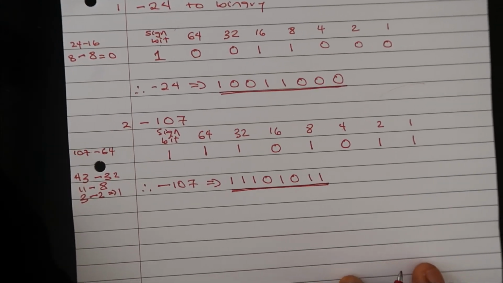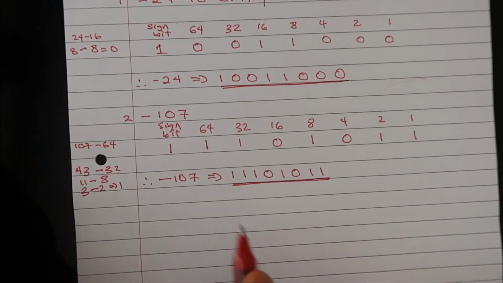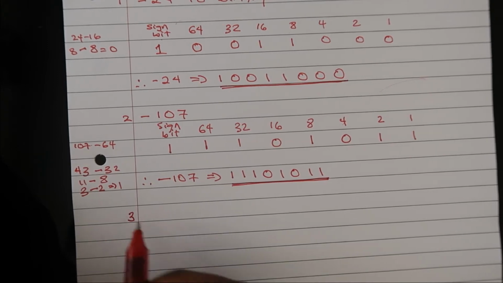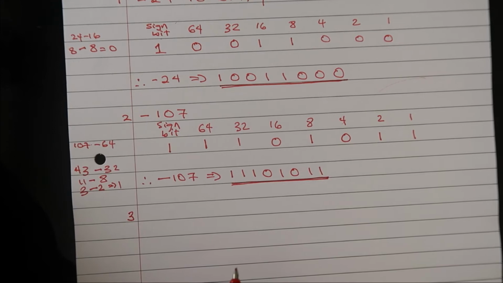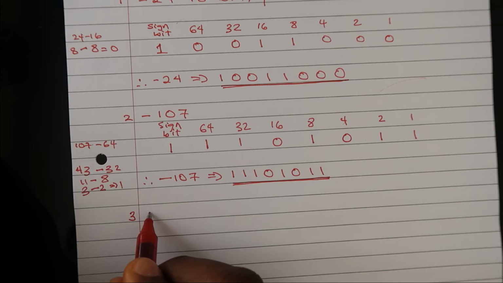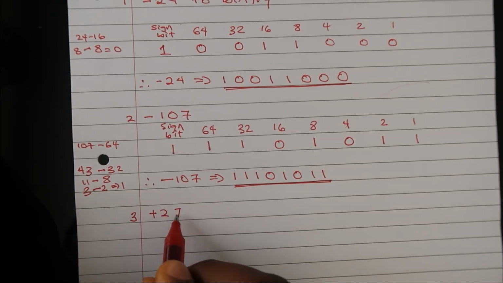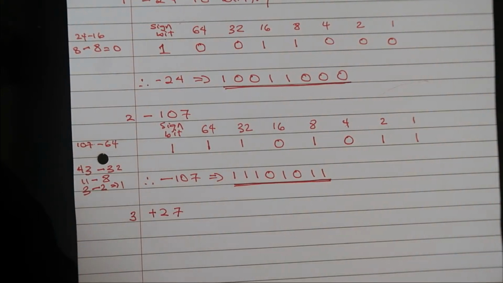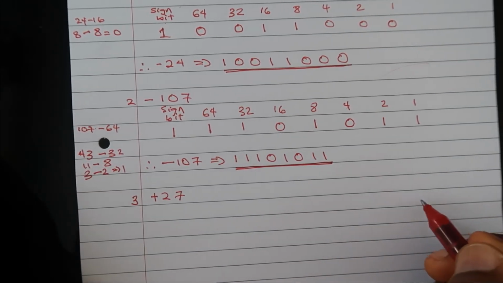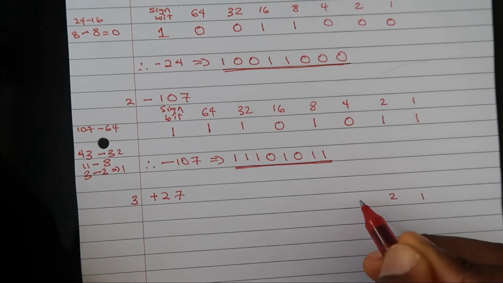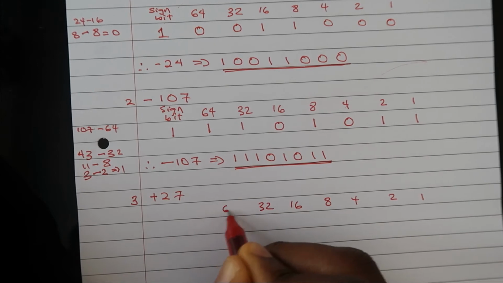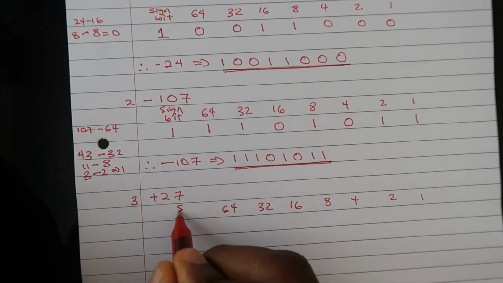In our third example, let's look at plus 27, otherwise 27. To do this again, I'm going to write down my number sequence 1 2 4 8 16 32 64, and then my sign bit.